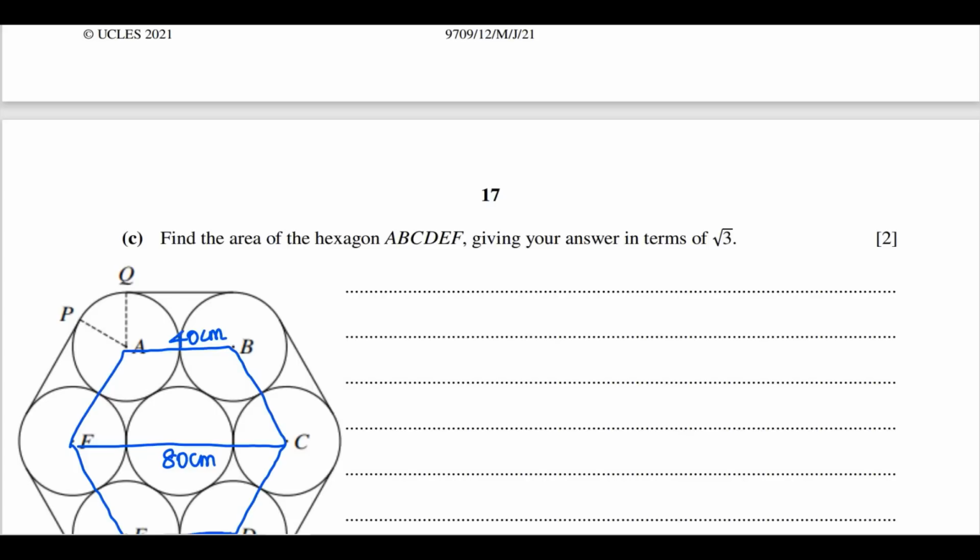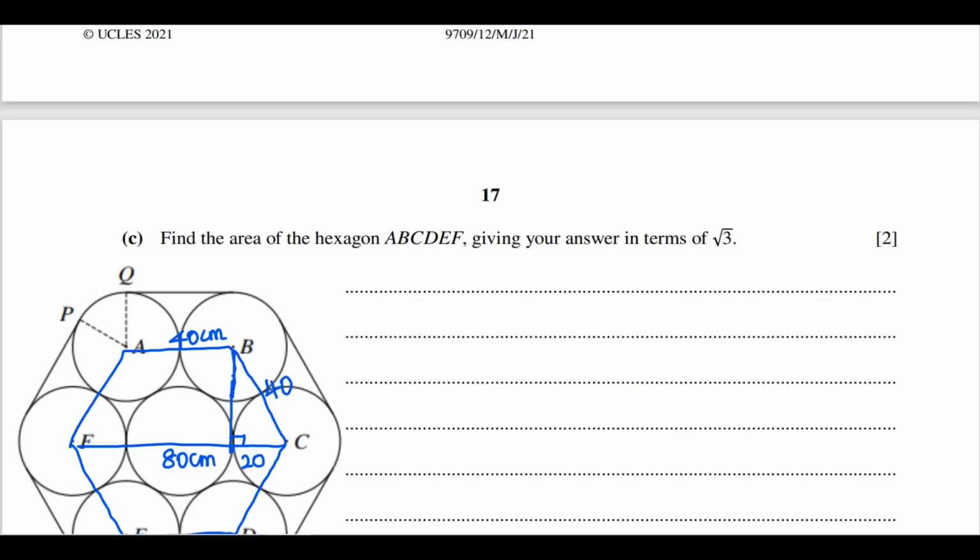But we need the height. Okay, from B to here. This is a right angle triangle. And this distance is 20. So the BC distance is 40.